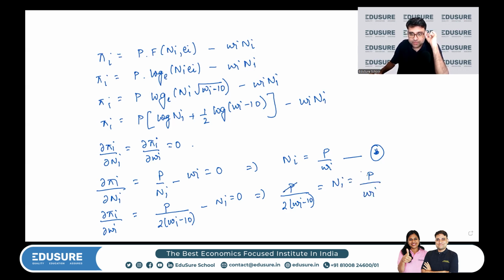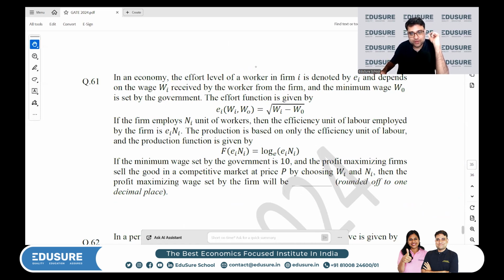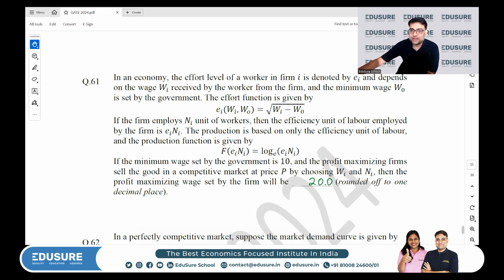So this P gets cancelled out and this becomes Wi is equal to 2 Wi minus 20, or Wi is equal to 20. So what is the wage rate that the firm is going to set? The profit maximizing wage set by the firm will be 20. Rounded off to one decimal place, you can write it down as 20.0.